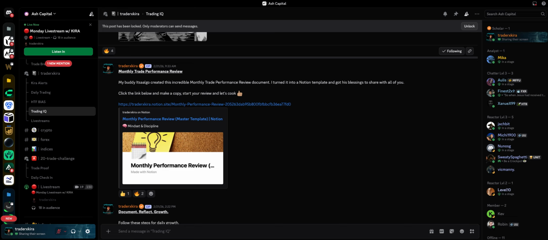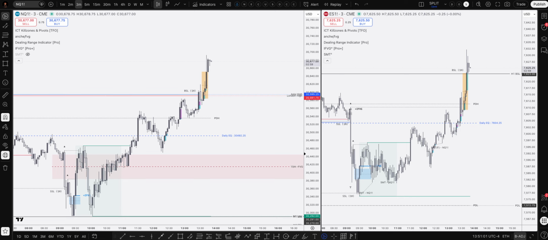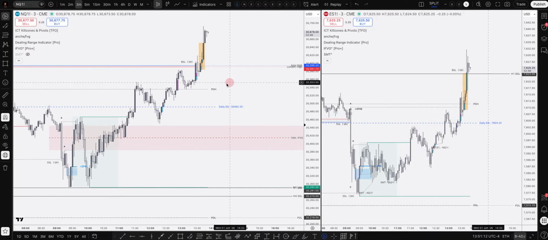My best setups actually come off of higher time frame levels. Hourly, H4 liquidity levels, BSL, SSL, and Asia high, Asia low, London high, London low, previous daily high, previous daily low. But previous daily high and low don't always come into play as much as, say, the overnight session highs and lows, because this is like textbook.